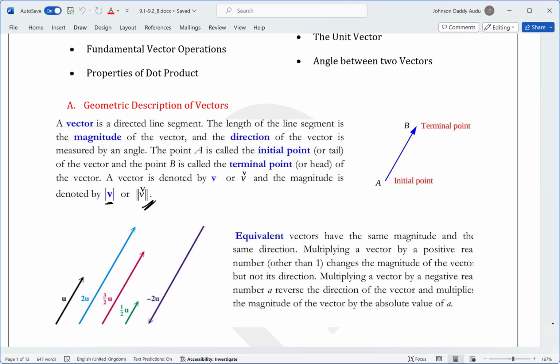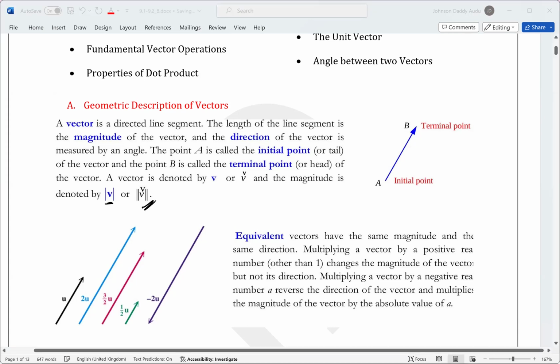And here we have a brief description about what are equivalent vectors. So we say two vectors are equivalent if they have the same magnitude and direction. So for example, if you look at these vectors, this is u, and this is 2u.